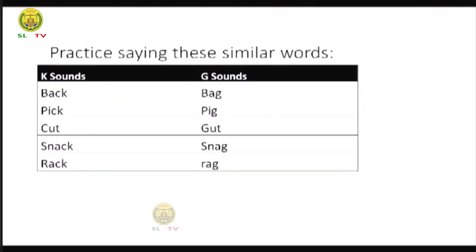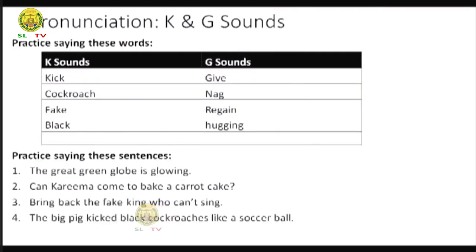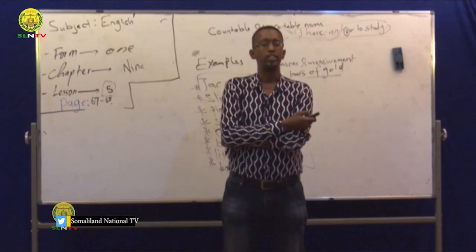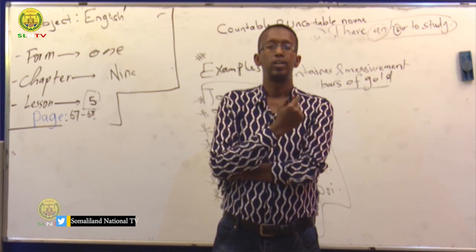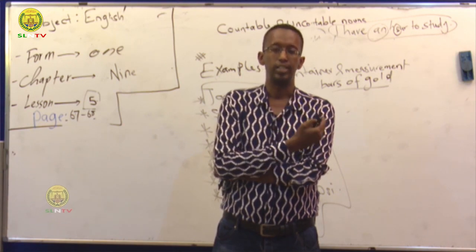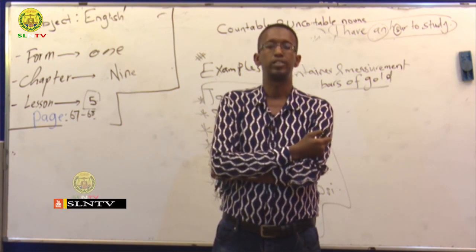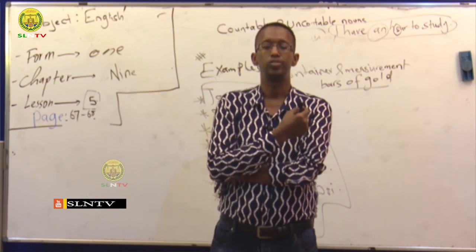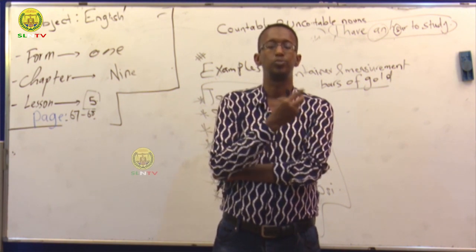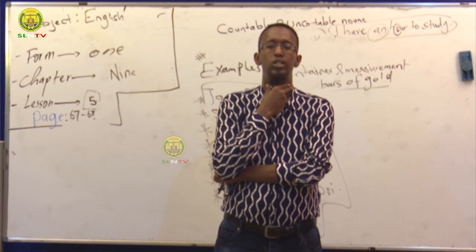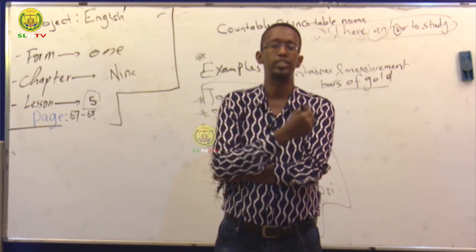Okay, now we just go to the pronunciation. K and G. So K, it's pronounced like K. So it's voiceless, but G is voiced because you can touch your throat and you can practice that.